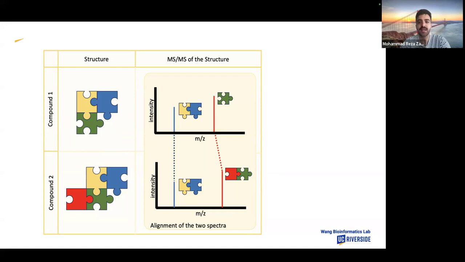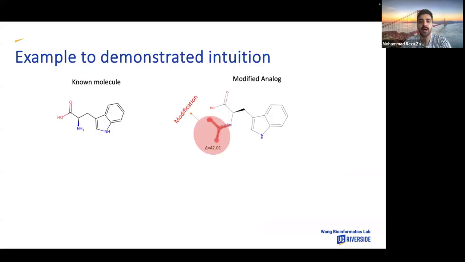So we're assuming that this new peak must contain both the red and the green puzzle pieces. Similar fragments have the same weight and the same substructure annotated to them, and the shifted ones have the modification.